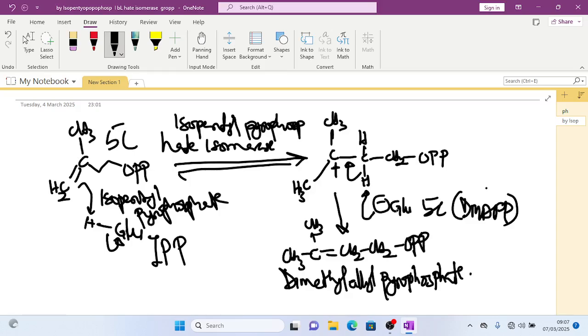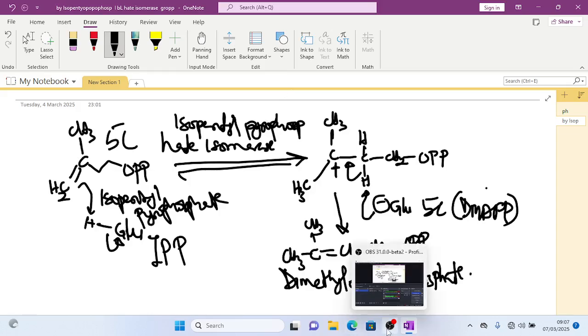Alright, so let's look at the next step. The next step is going to involve the formation of a 10 carbon compound which is called geranyl pyrophosphate. So for geranyl pyrophosphate to be formed, there must be a head and a tail condensation between isopentenyl pyrophosphate and dimethyl allyl pyrophosphate.